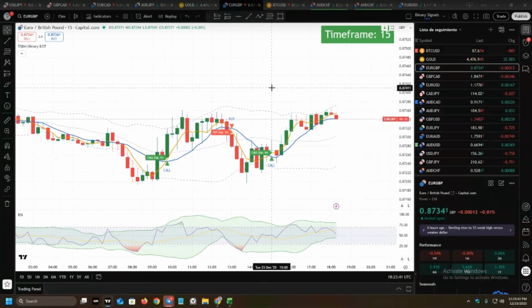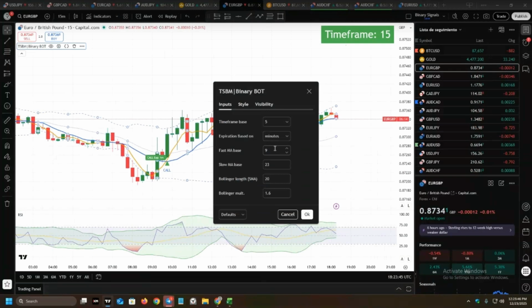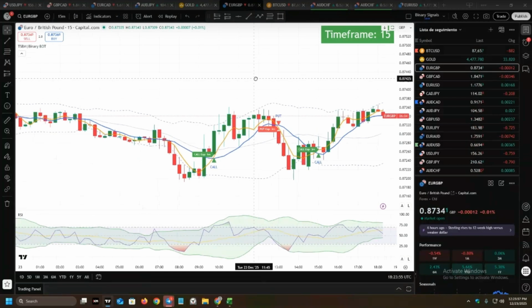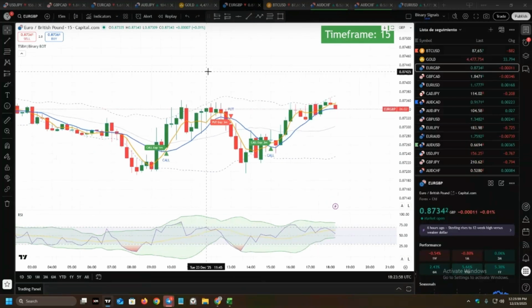Besides that, because this is an example of Euro GBP, that's why I put my recommendations on a daily basis, telling everyone from what time to what time they can trade with specific pairs. That's a starting point that you can check.